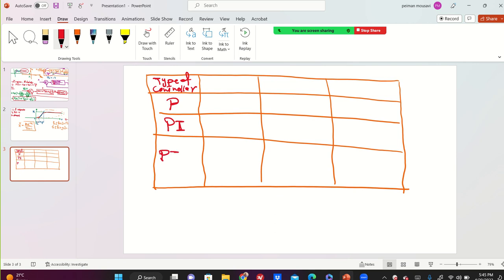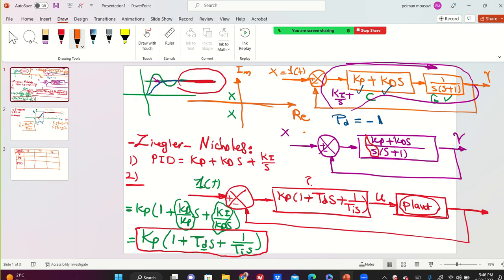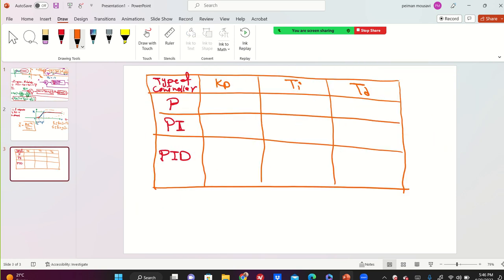Or PID controller. Okay. Ziegler-Nichols says your KP, TI, and TD that we defined here, PID controller based on these new parameters.